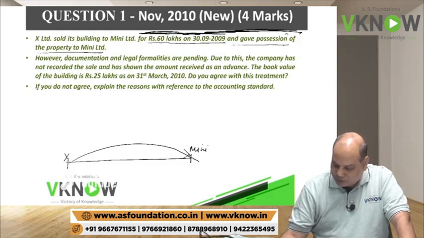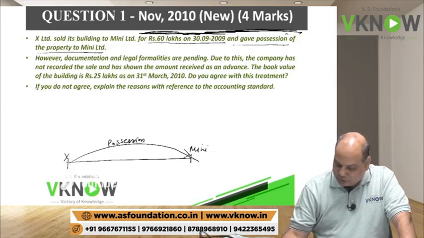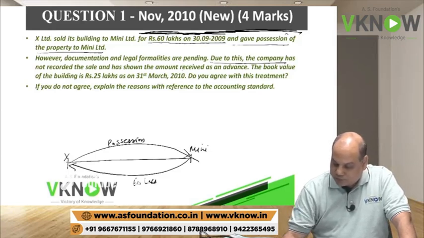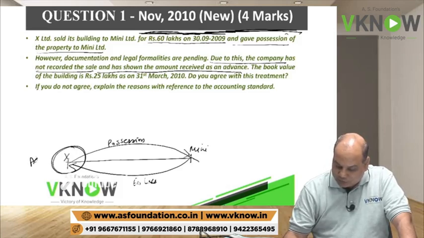Property has been shifted. However, documentation and legal formalities are pending. Possession has been given. Amount of 60 lakhs has been received. Due to this, the company has not recorded the sale and has shown the amount received as advance. So X Limited says sale has not taken place.